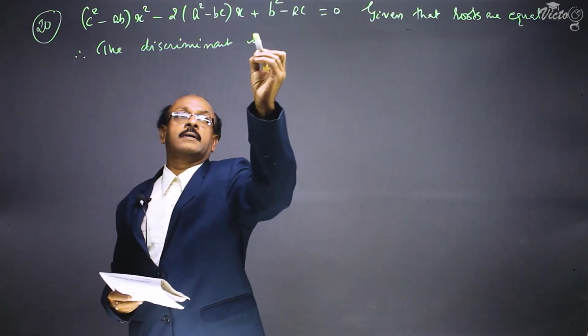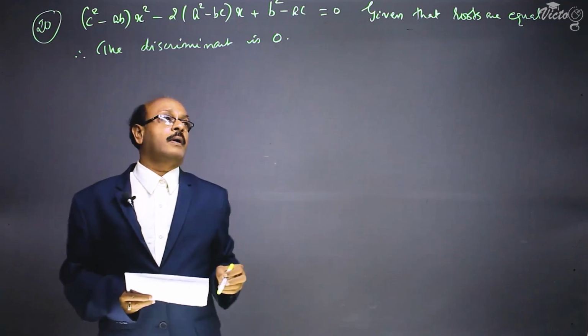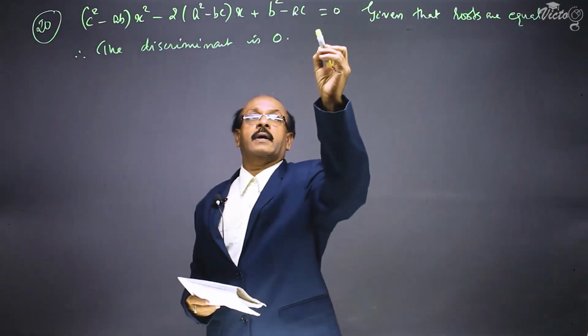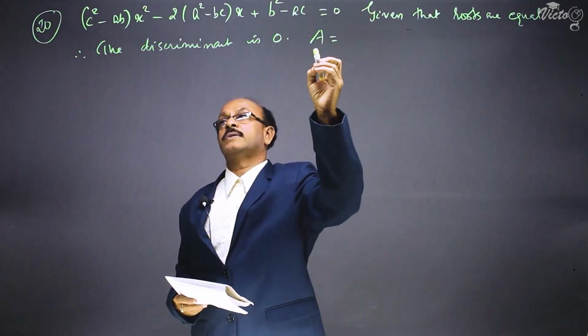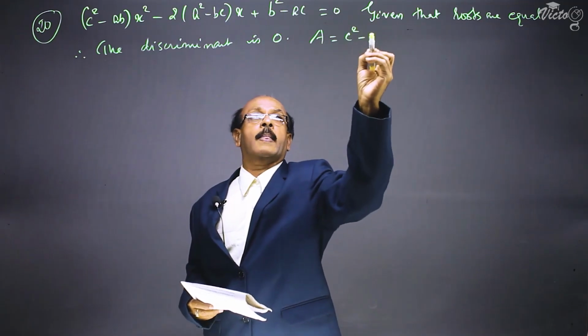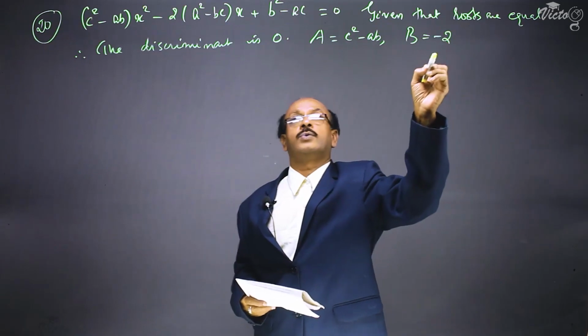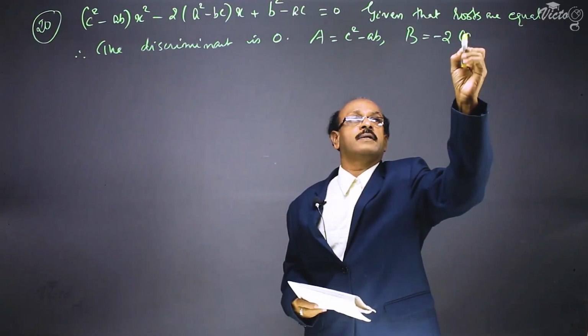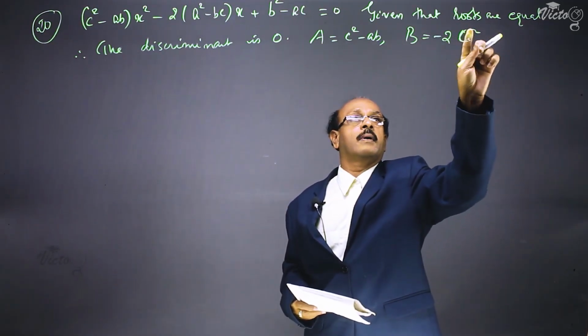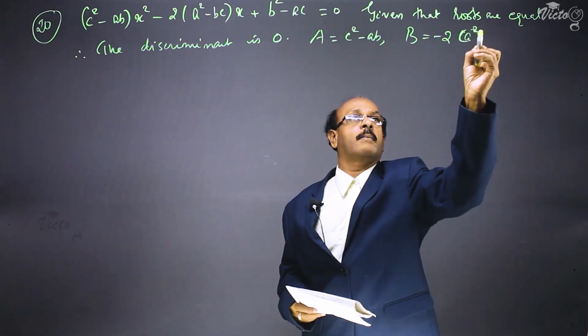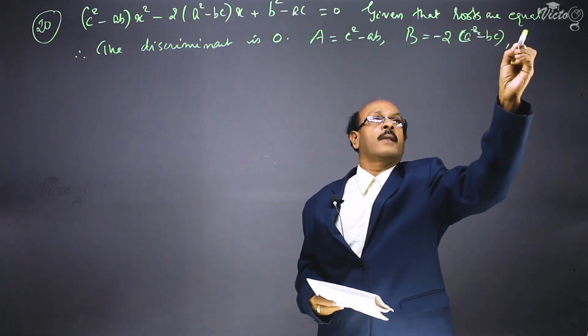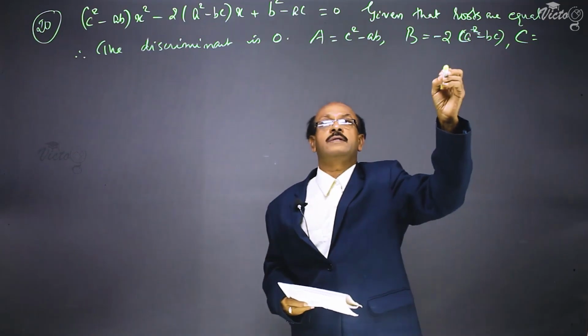Let us take capital A is equal to c square minus ab, and capital B is equal to minus 2 into a square minus bc, and capital C is equal to b square minus ac.